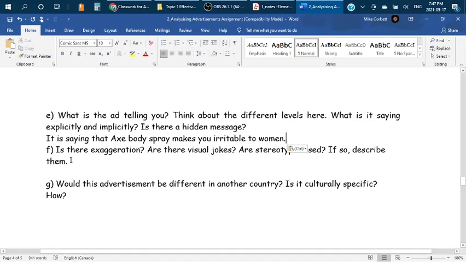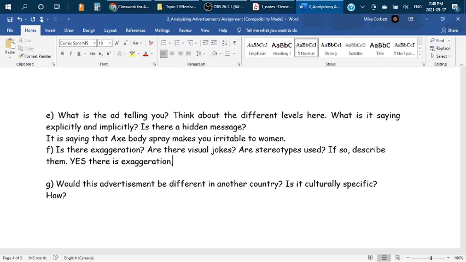Which leads us to part F. Is there exaggeration? Yes, in capital letters, there is exaggeration. Axe body spray will not have women fighting over you.